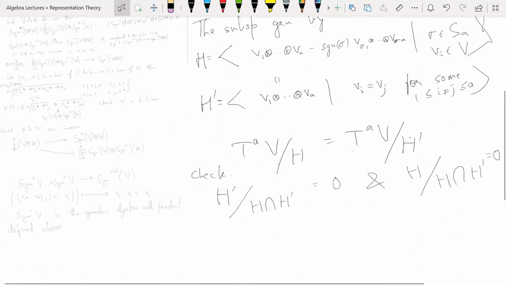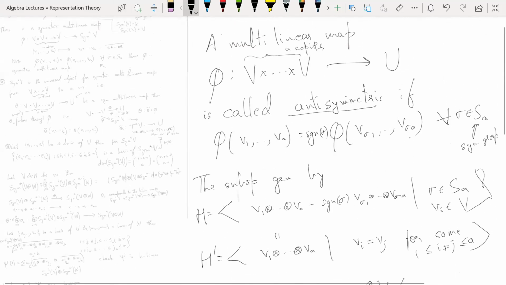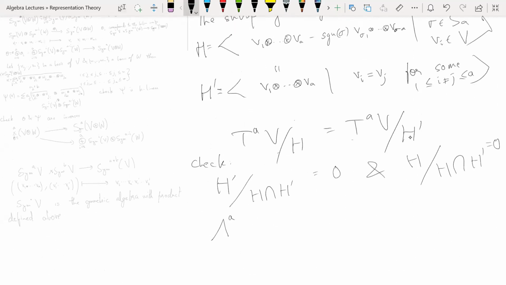So I've wasted all my time on this stupid thing, but it's TAV mod H prime. Okay, so this is the exterior power.